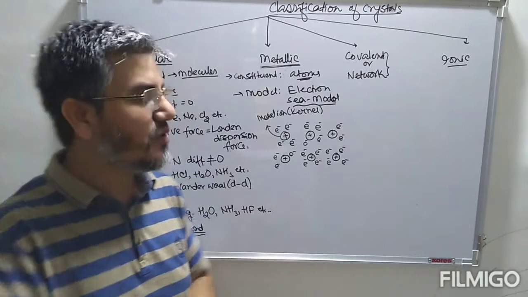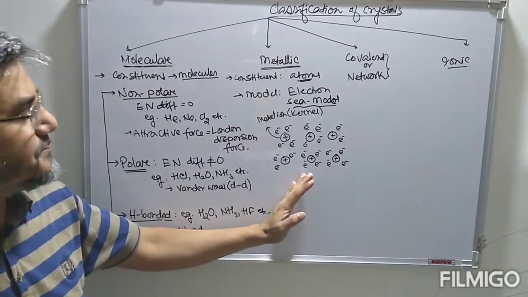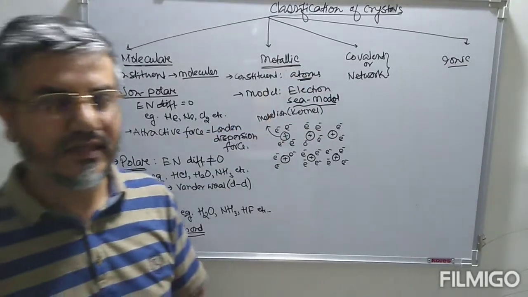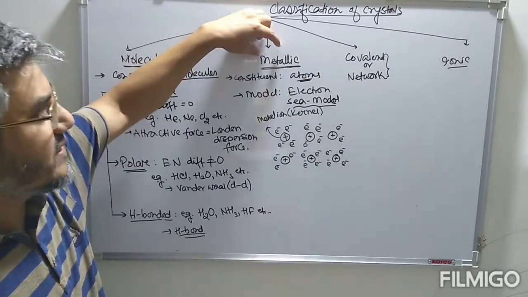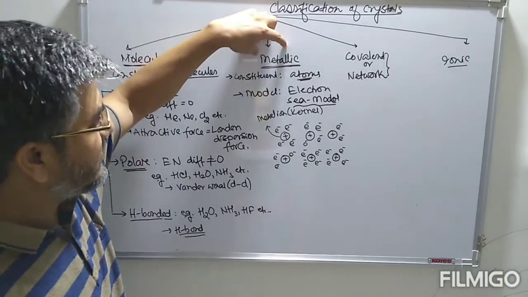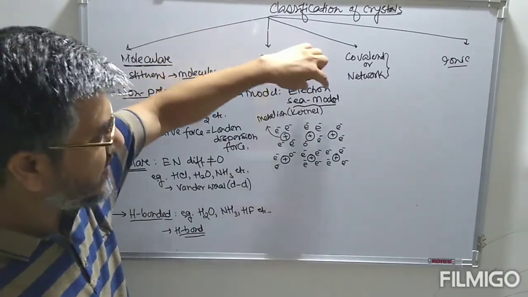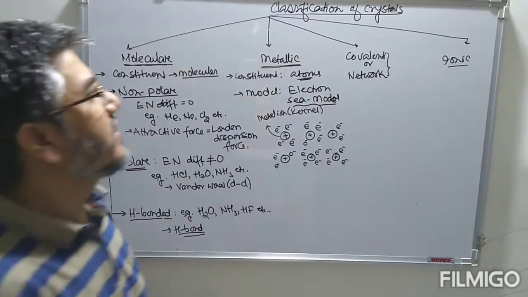Due to this sliding property, these metals show malleability and ductility. So this is metallic crystals. In these metallic crystals, the constituents are atoms, and these are explained by the electron sea model.